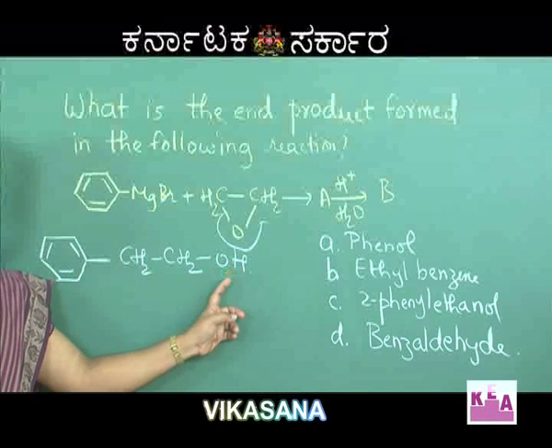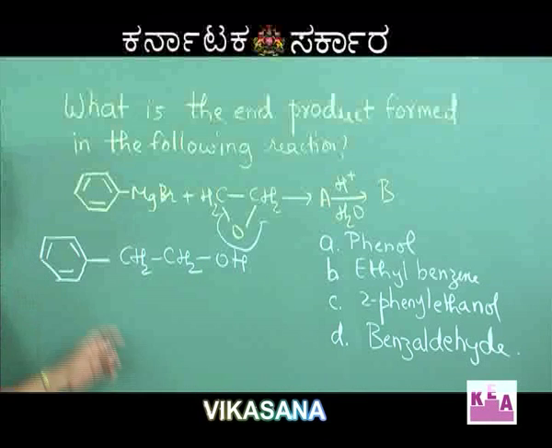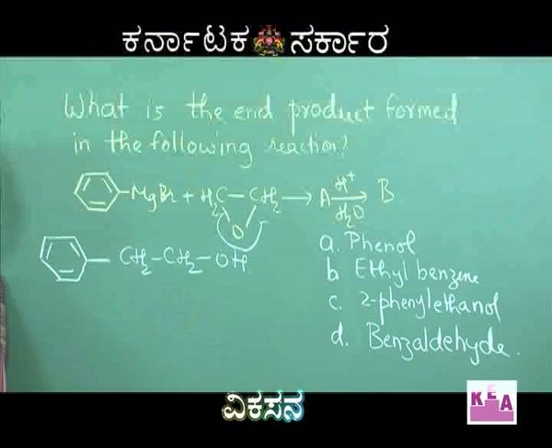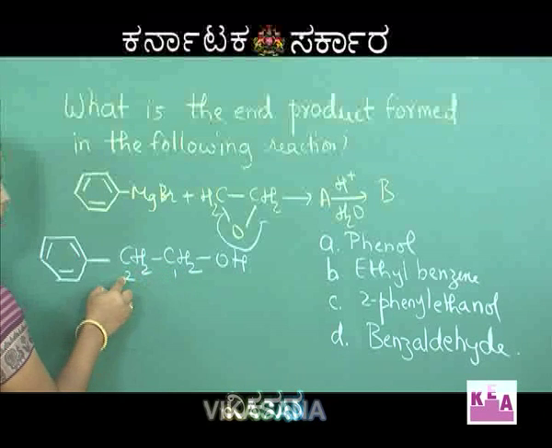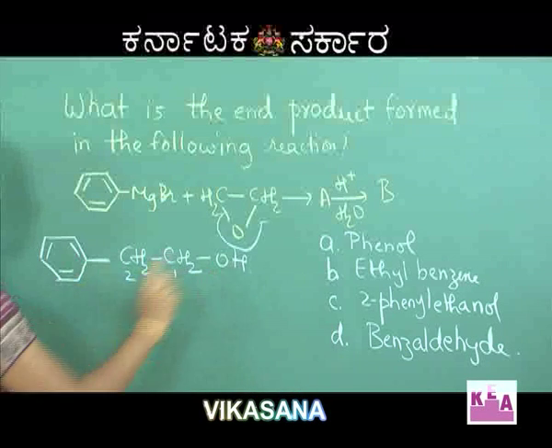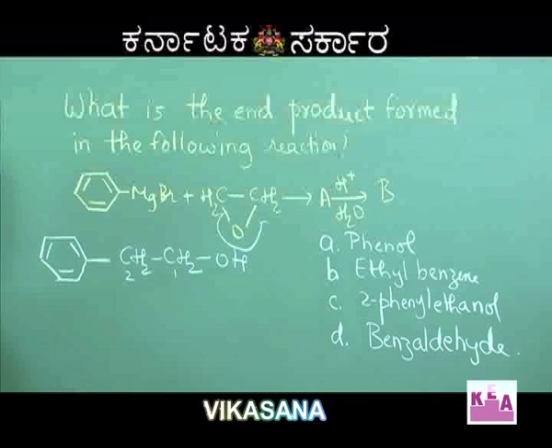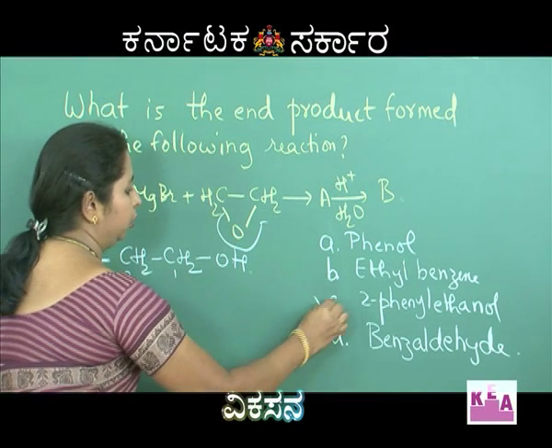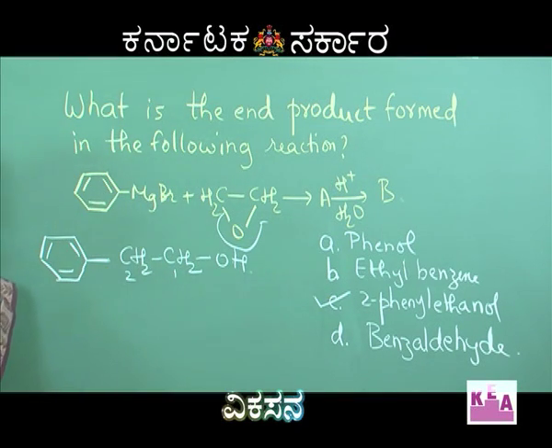OMgBr would be there, which on hydrolysis will form OH, and therefore it is 2-phenyl, this is 1, 2, so 2-phenyl ethanol is the answer. So look at the options, option C, 2-phenyl ethanol is the correct option.